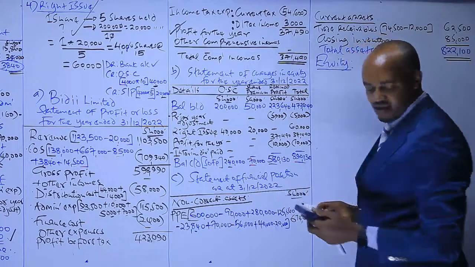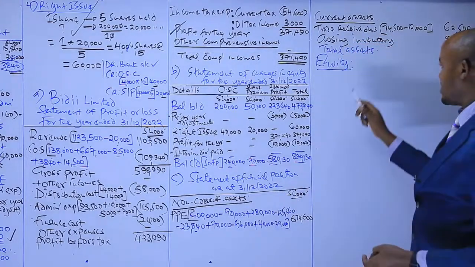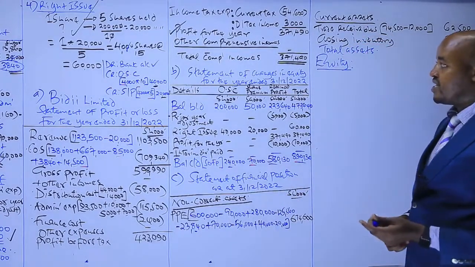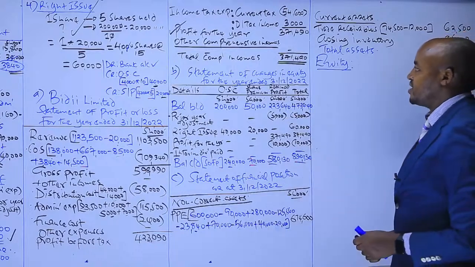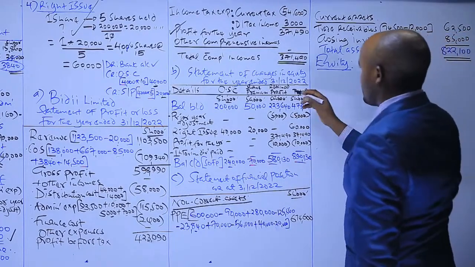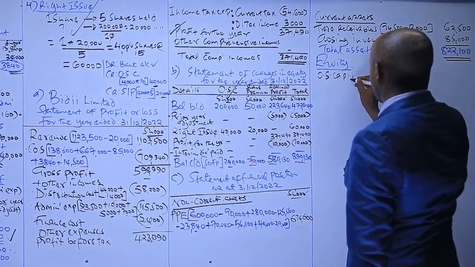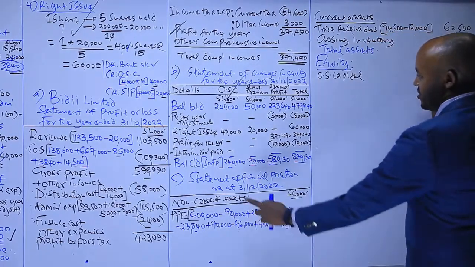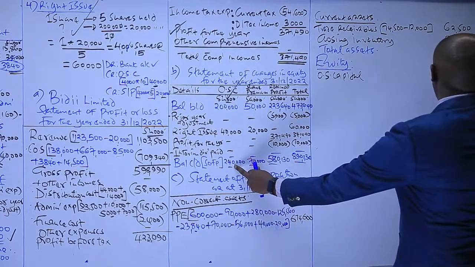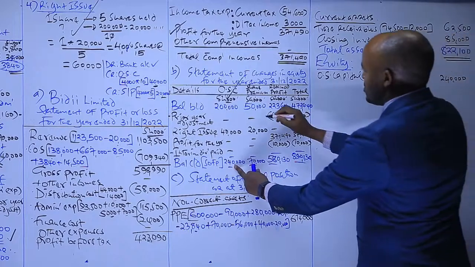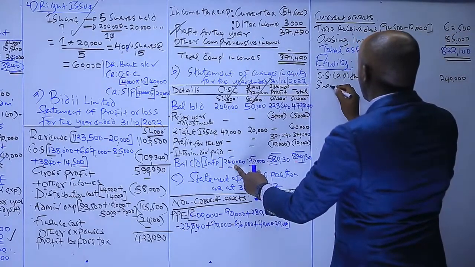Now for equity, this is quite simple because we have all the items of equity to be included here. From where? From our statement of changes in equity. So we just need to copy those items here. We start with ordinary share capital. The balance at the end of the year was 240,000. We have share premium.